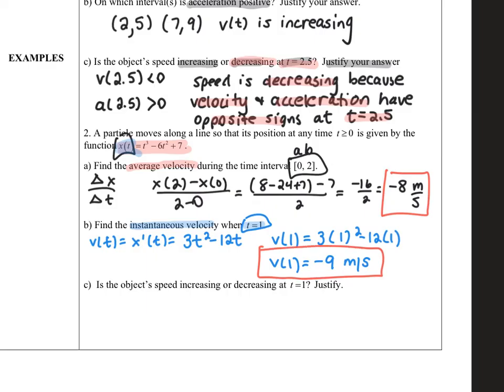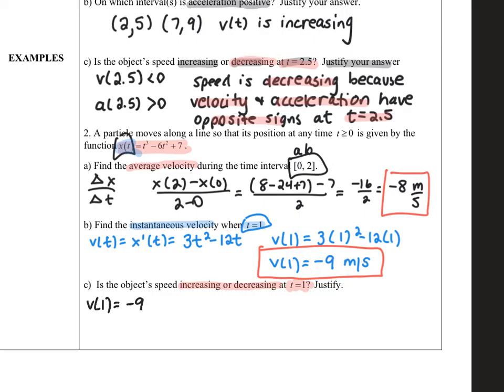The last question is on increasing and decreasing speed at t equals 1. Again, I'm going to refer to the relationship between velocity and acceleration at my time in question. First I'm going to find my velocity at 1, which I've already found in the previous question.